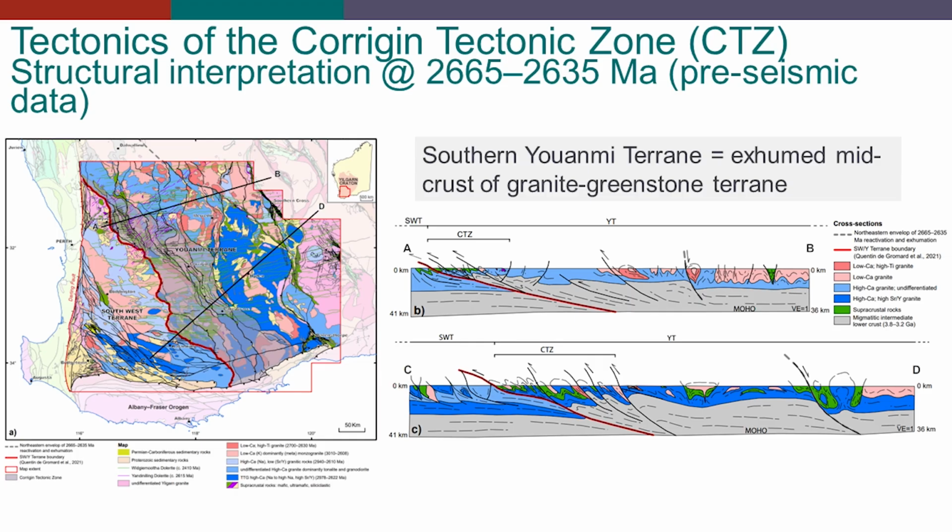We now regard this boundary, which was later interpreted as the boundary between the Youanmi terrane and southwest terrane, as the northeasternmost envelope of reactivation and exhumation, reactivation of these structures and exhumation of these rocks during the 2665 to 2635 Ma event.